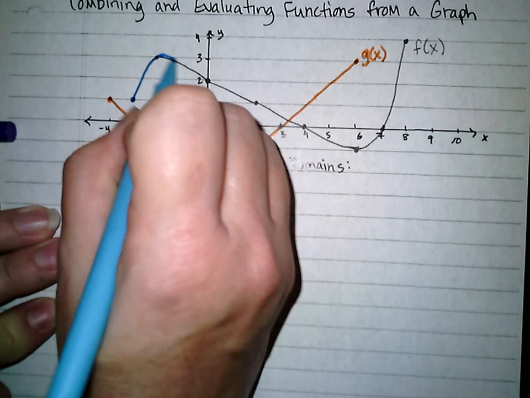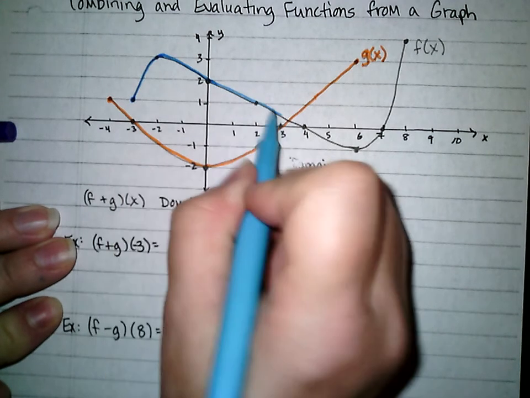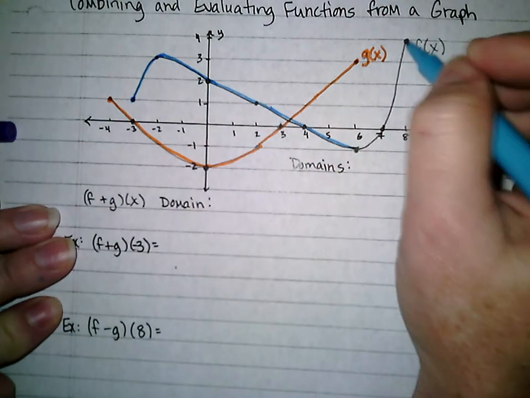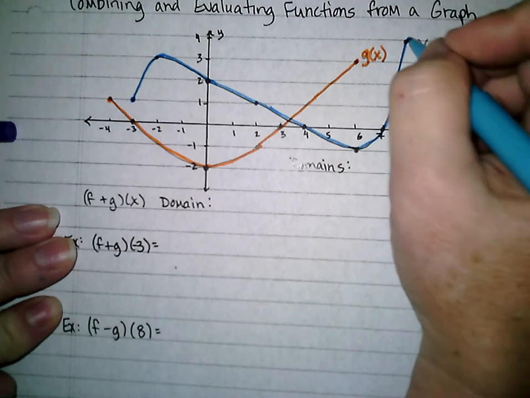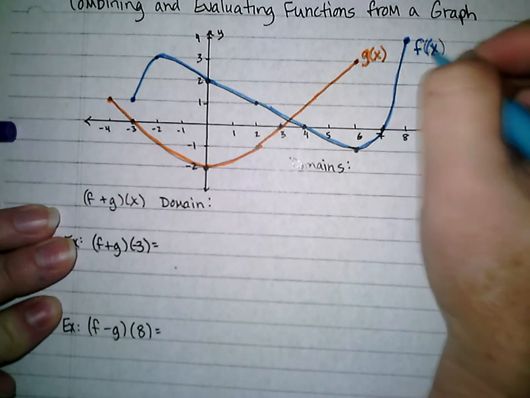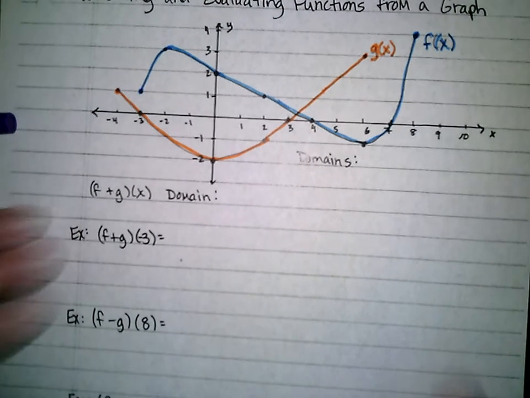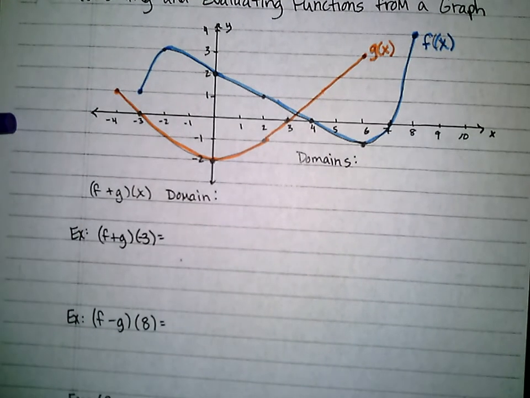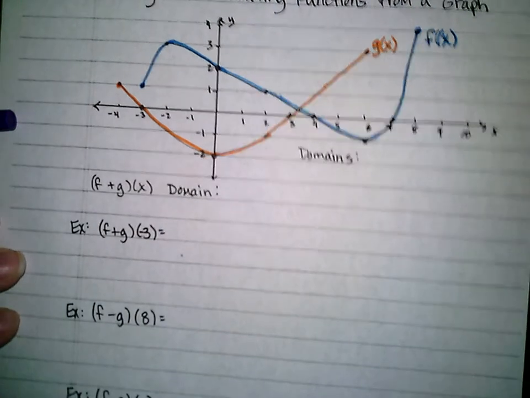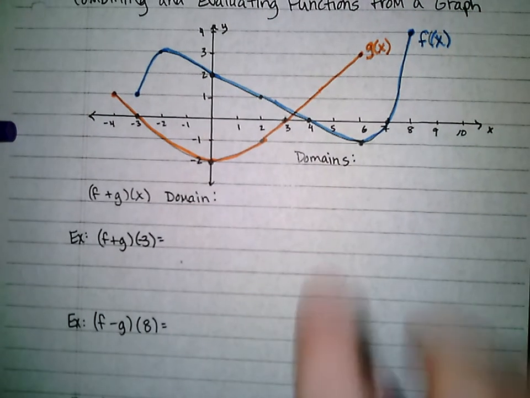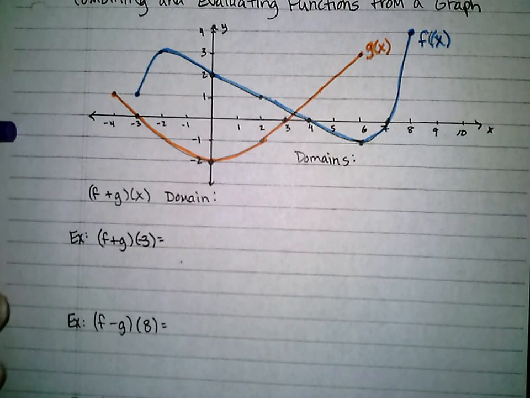Now you see that there's like some fat dots on this graph. Well, that's just for emphasis. There are a million, billion, infinite number of ordered pairs on these graphs. Some of them I made like fat dots so that I would make sure that I hit those particular values, but that doesn't make them any more important than any other dots on the function.